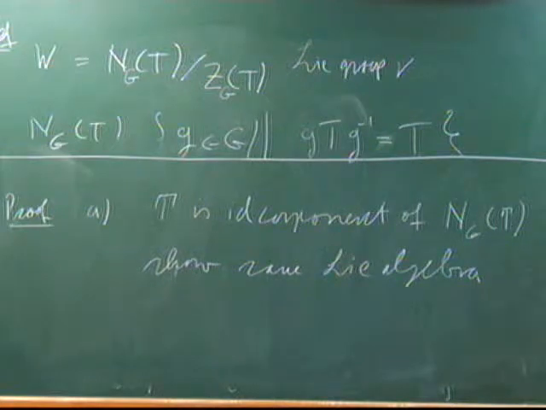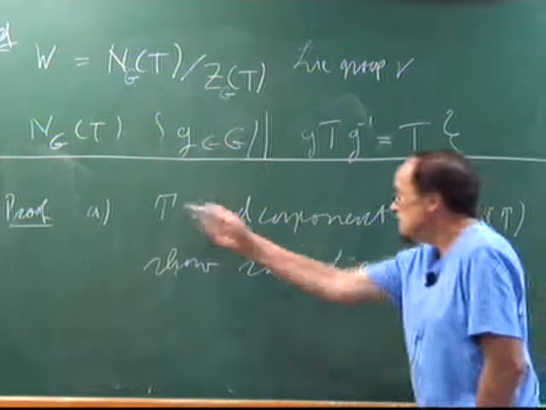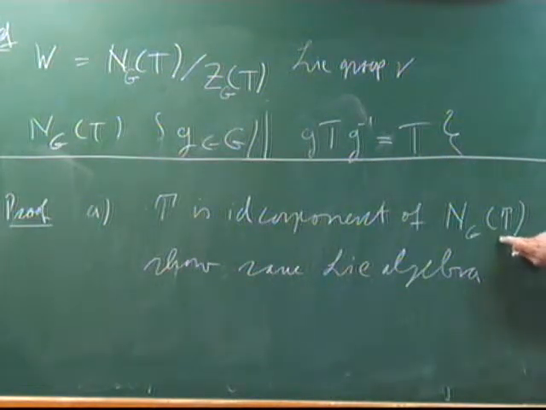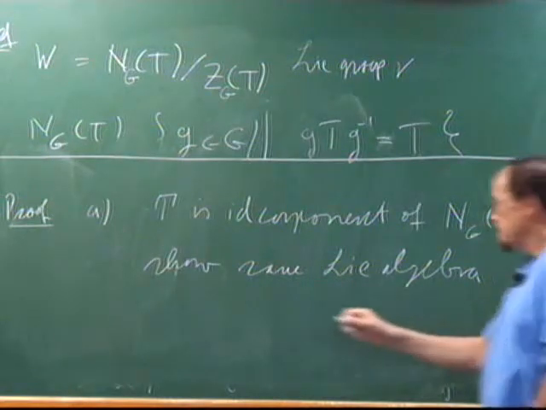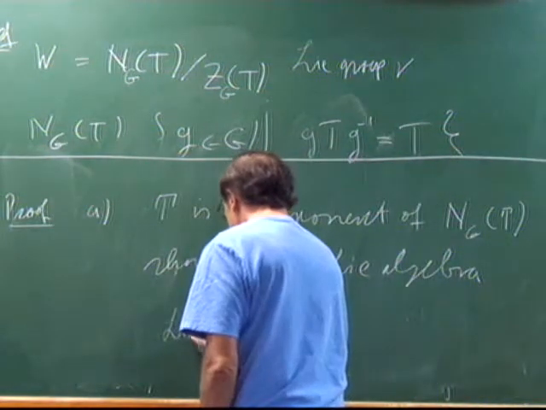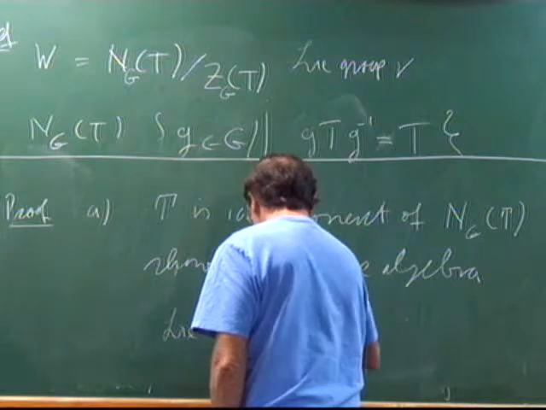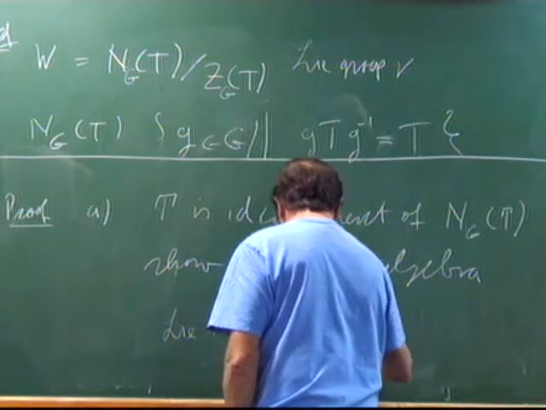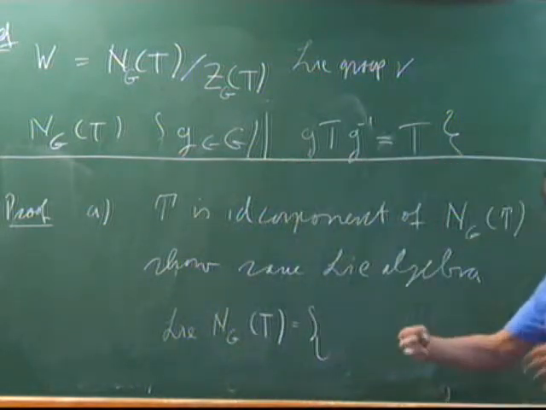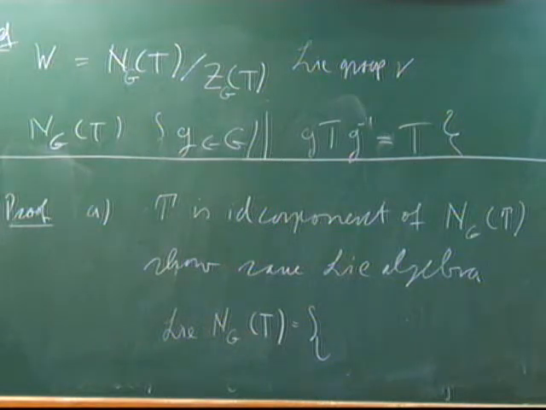Okay, the same Lie algebra. What's the Lie algebra? Well, that's our maximal abelian subalgebra. What's the Lie algebra of the normalizer? I think that was one of the exercises. It should be the normalizer inside the Lie algebra, what else can it be? So what does it mean to normalize in the Lie algebra?